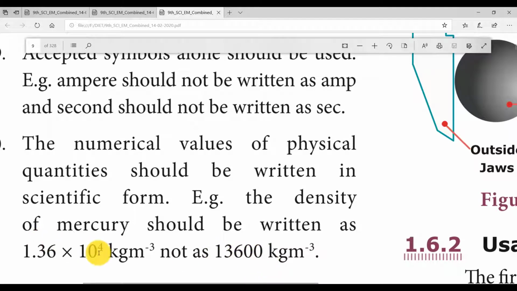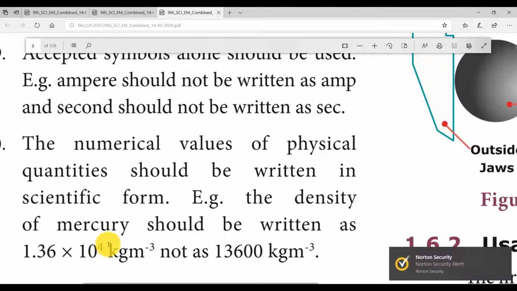Instead of that, you have to use the power of 10. How many digits are there? 1, 2, 3, 4. So you have to write it as 1.36 into 10 to the power 4 kilogram per meter cube. You have to use scientific notation in the standard form.